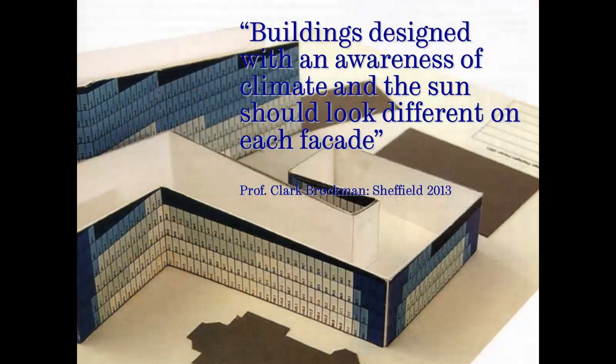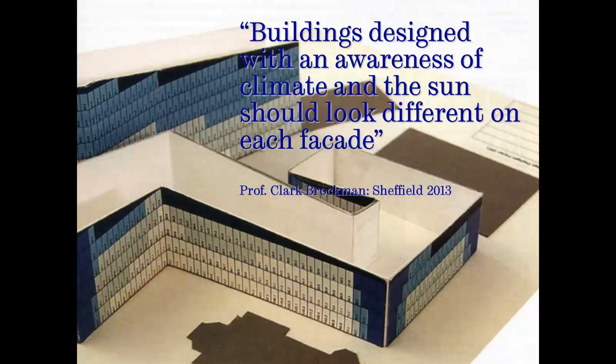And then moving on from that, buildings designed with an awareness of climate and the sun should look different on each facade. Now, this may seem kind of obvious, but what we have experienced, certainly in Europe, for the past 20 years is buildings where north, south, east and west all look the same.